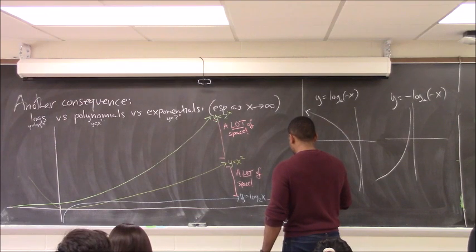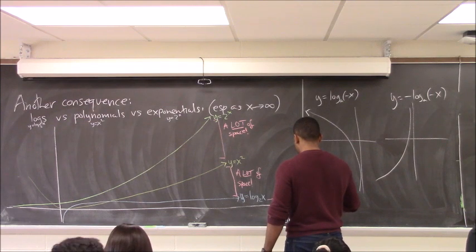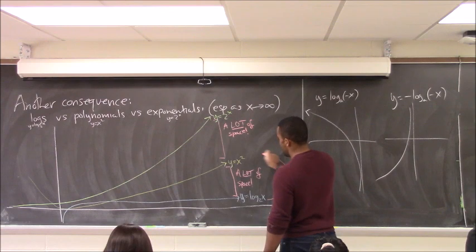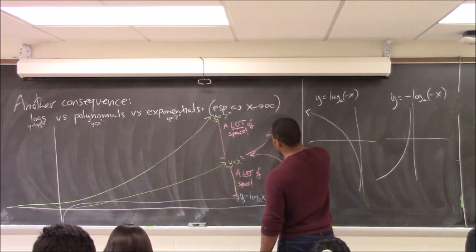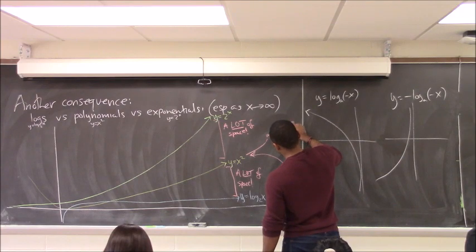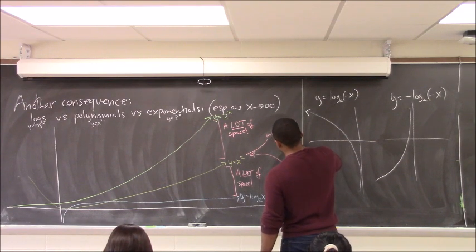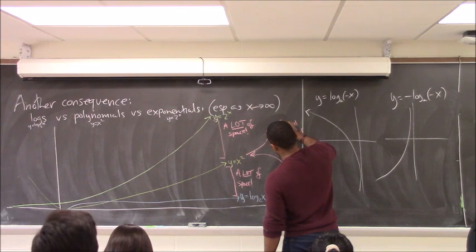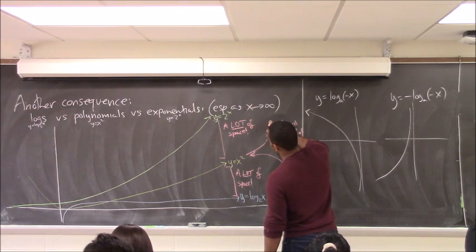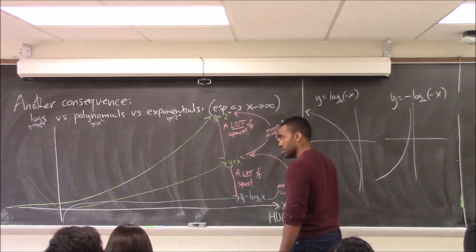For large x, compared to that guy. And then this guy might as well be 0, compared to, eventually, when x gets really large, that guy. Right?